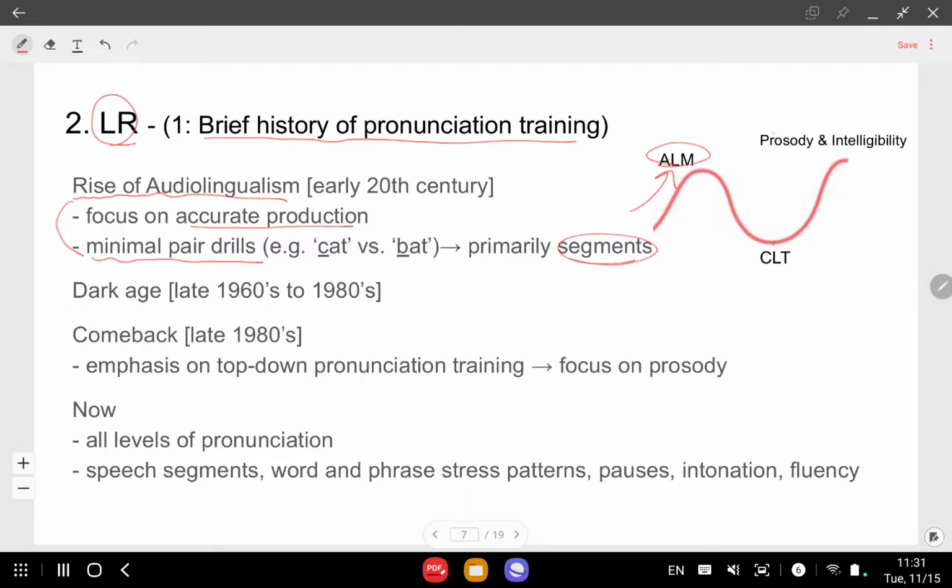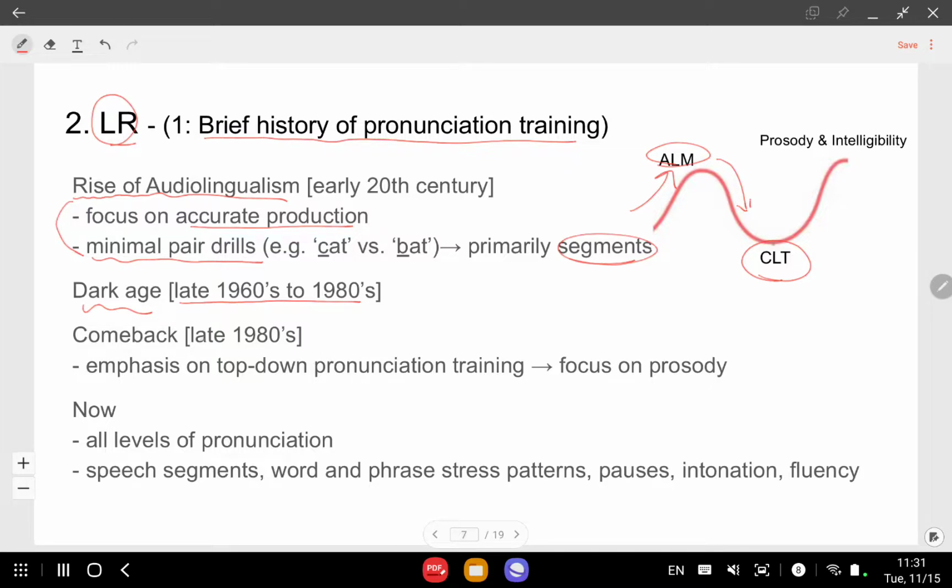However, soon the interest decreased. I just named it the dark age. It happened during the late 1960s to 1980s. The author doesn't specifically mention it, but I think it's due to communicative language teaching coming to the forefront in the field.